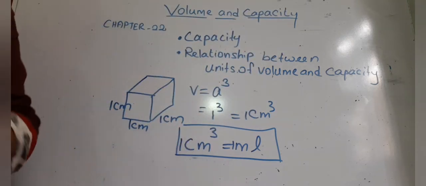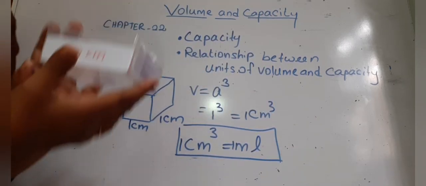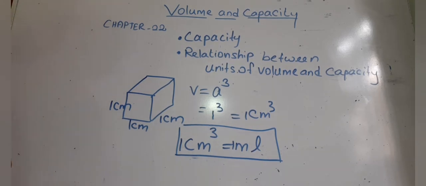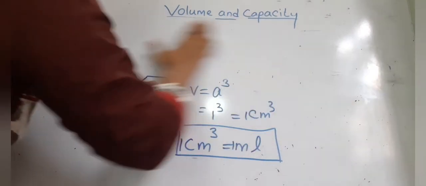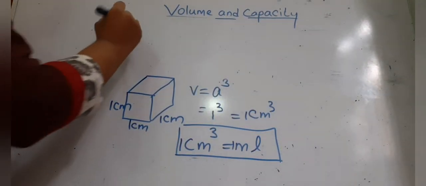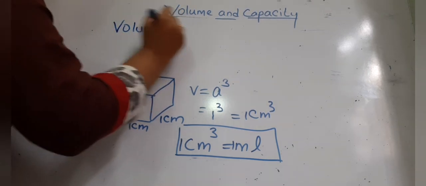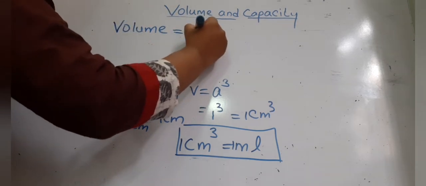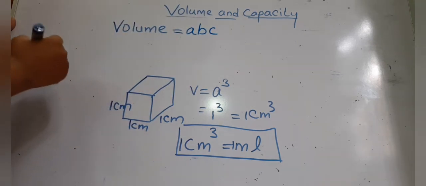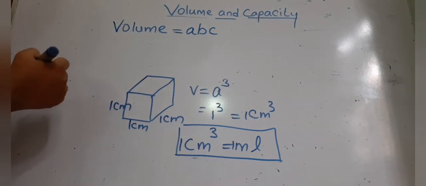Now, let's find the volume of this container first. Right. So the volume of the container. Now since that is a cuboid shape, we obtain the formula abc, where a, b, c are length, breadth and height respectively.